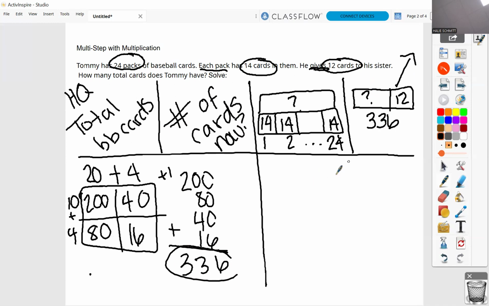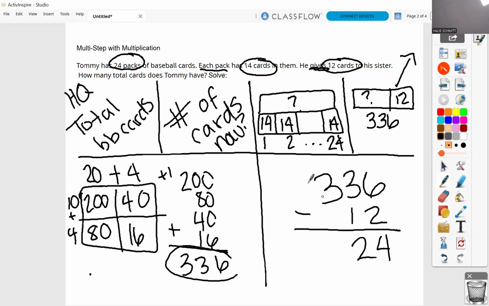So this picture tells me I take my 336 and I take away, because I gave them away, 12. So I have 324 cards now. That is my final answer.